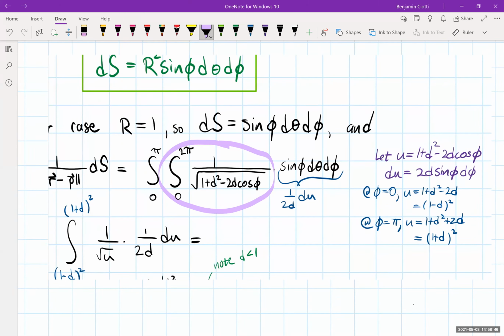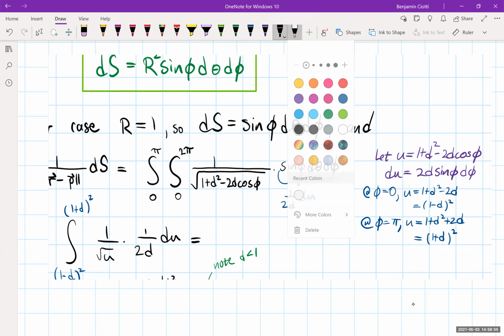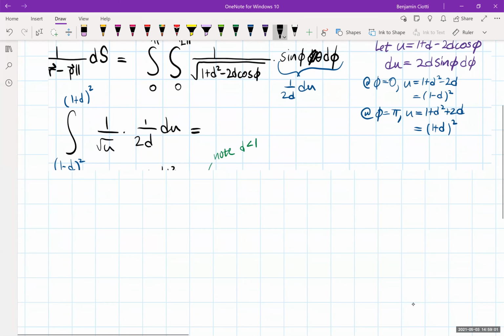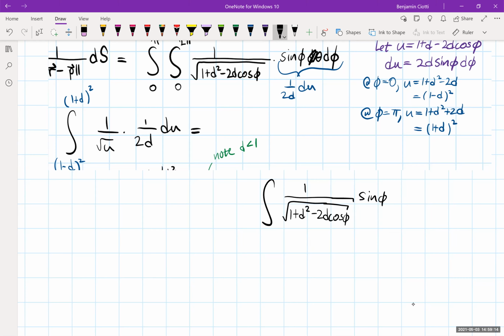You can ignore the theta part because there is no theta dependence on it. So the challenge really was just to integrate this.